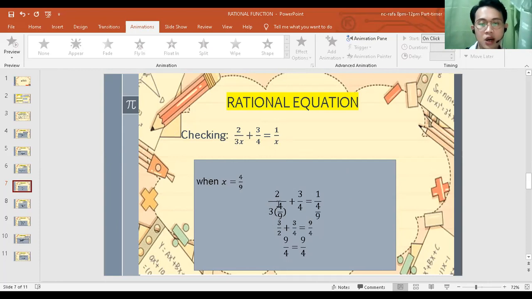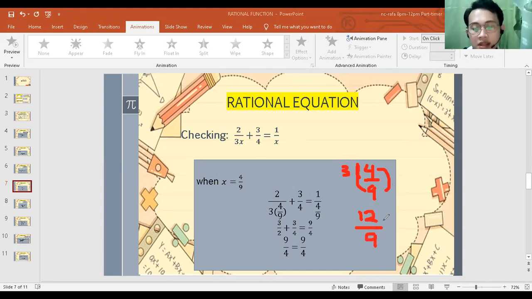Let me give you a detailed one. 3 times 4, that is 12 over 9. And after that, you can simplify this one by dividing by 3, which is equal to 4 over 3. So this is 4 over 3 here on the denominator.